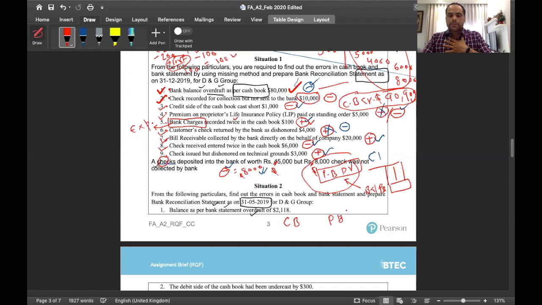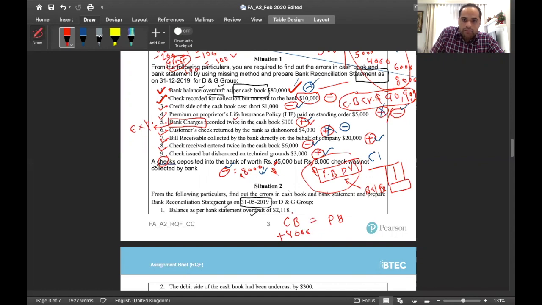I'm a company and I receive a check from a customer. What do I do when I receive a check from a customer? I send this check to my bank in order to have the amount credited in my bank account. In simple words, from my cash point of view, I receive money, so I increased my cash account.